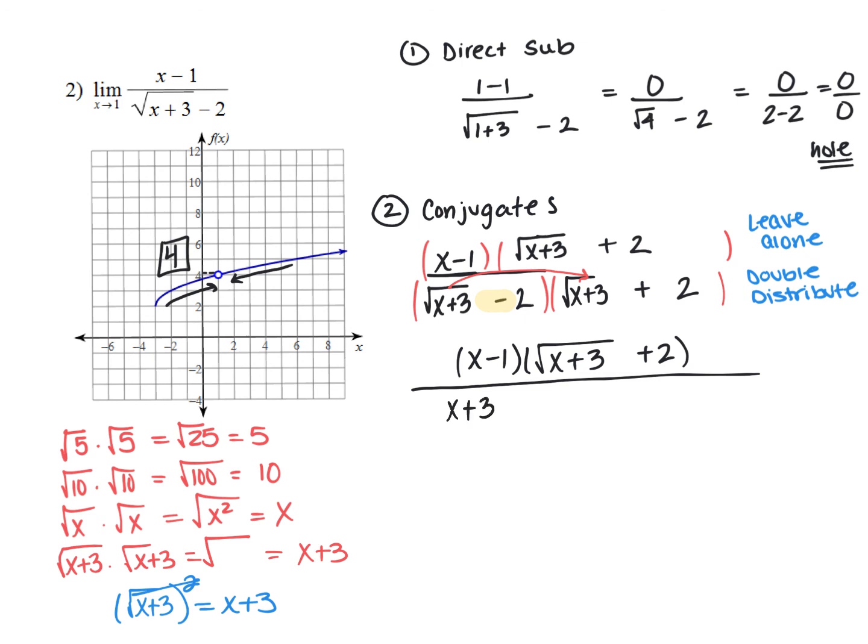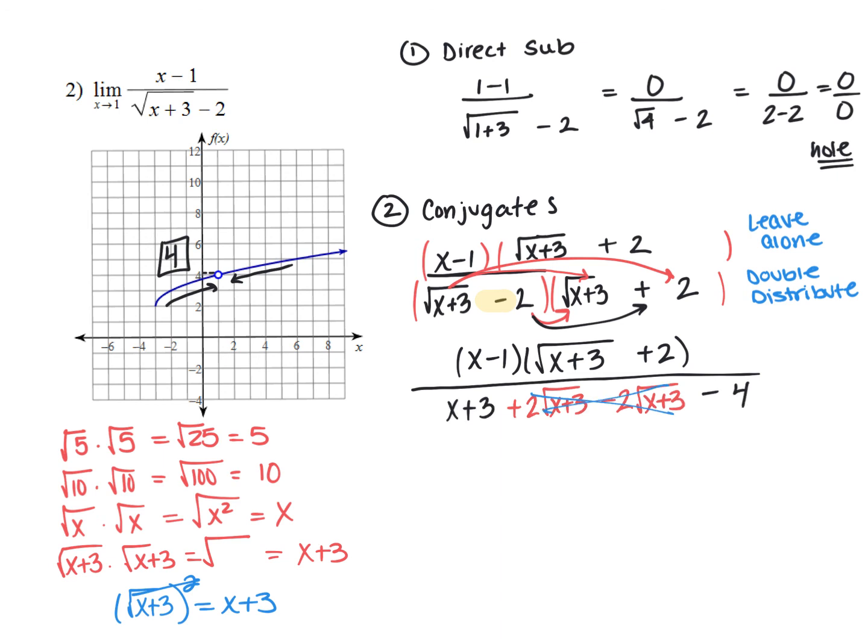Now, when I keep going and I do rad x plus 3 times 2, I'm going to get 2 rad x plus 3. And then this one, negative 2 times rad x plus 3. And then this last one, negative 2 times positive 2, is negative 4. So you'll notice these two middle terms cancel.